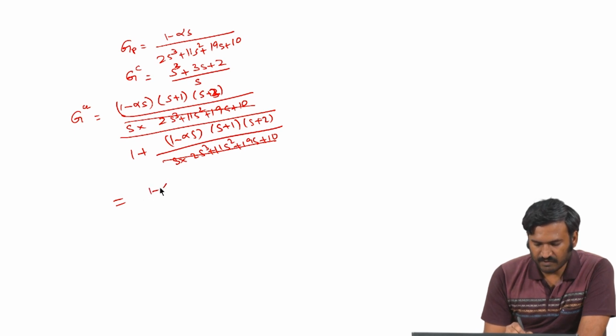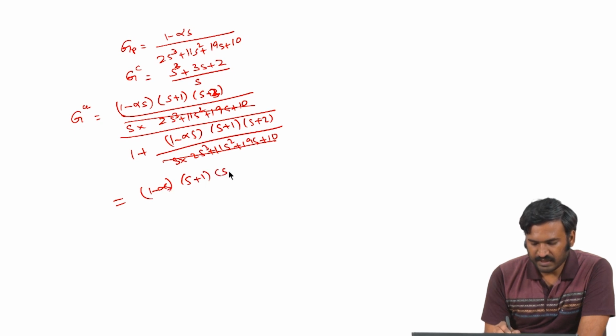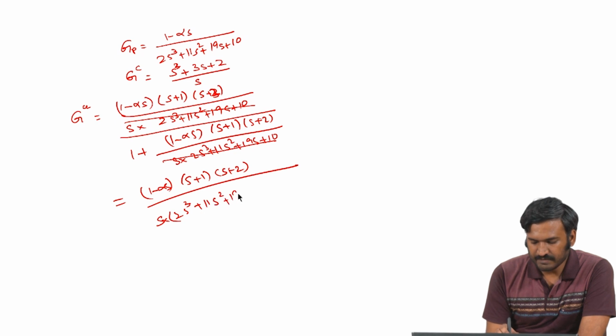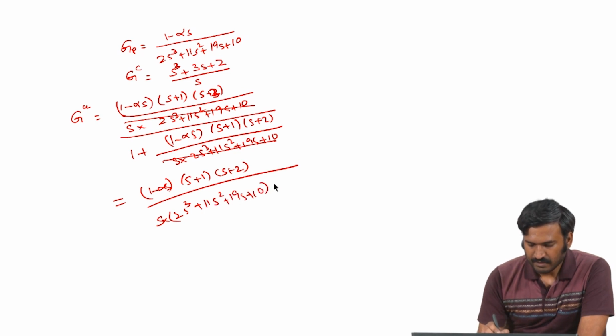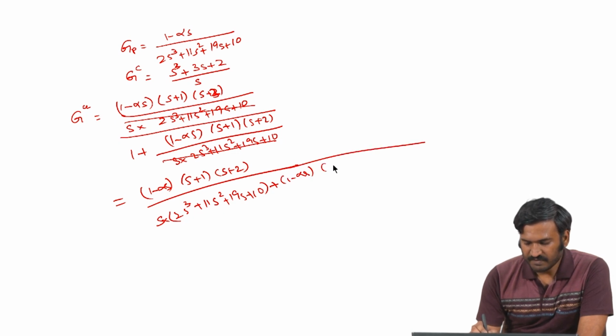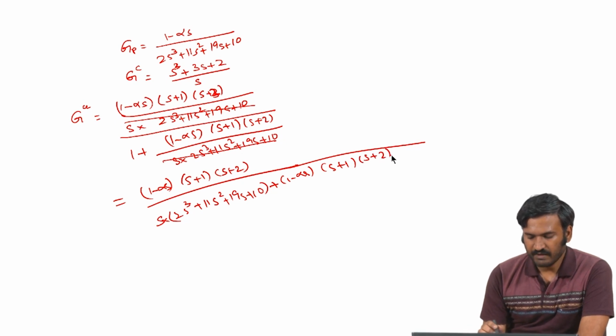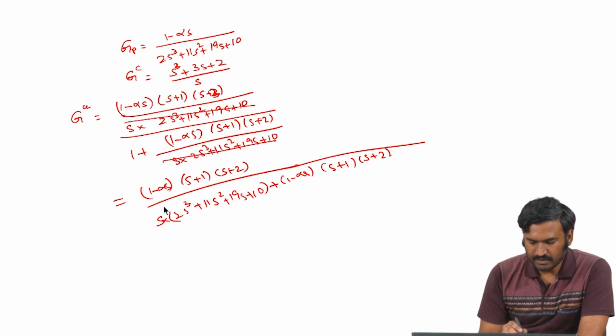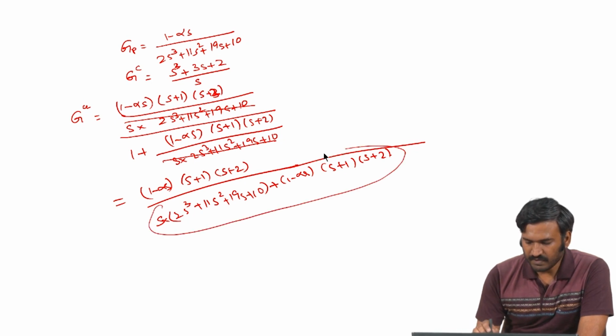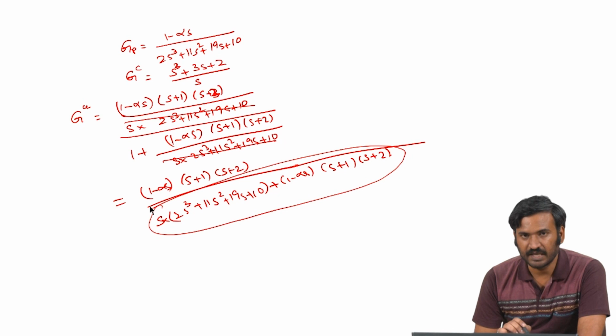which is like this. So 1 minus alpha s into s plus 1 into s plus 2 divided by s into 2s cube plus 11s square plus 19s plus 10 plus 1 minus alpha s into s plus 1 into s plus 2. Now we have to look at the stability of this polynomial.